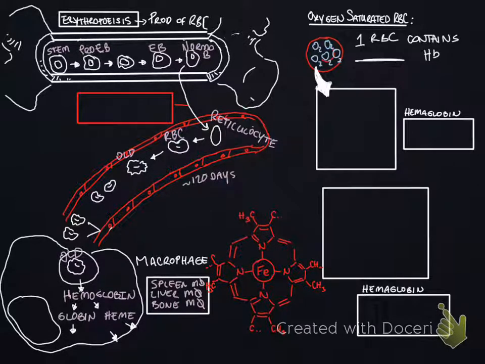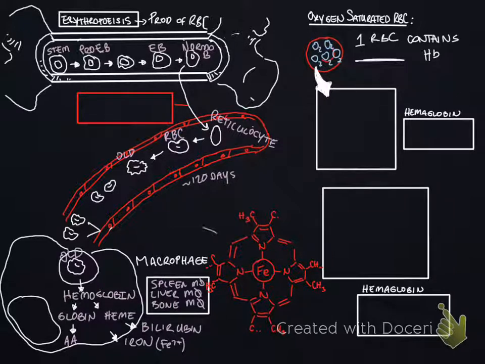That globin gets broken down into amino acids, and the heme pigment gets broken down into iron, and also bilirubin. So be aware of the cells that do this, that break down the old red blood cells.